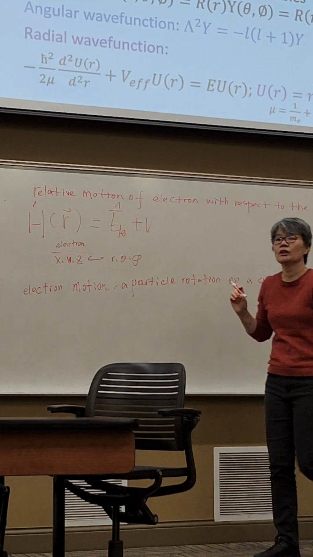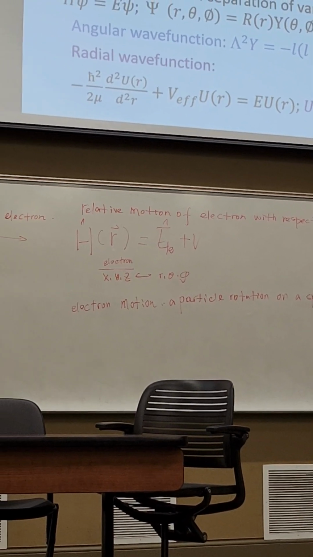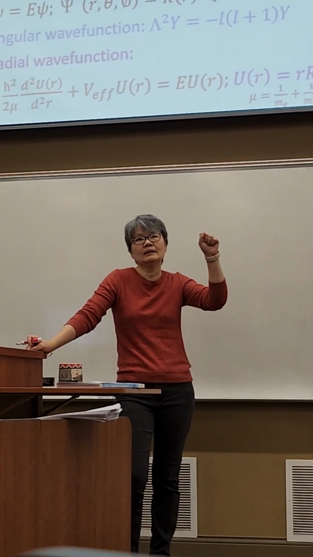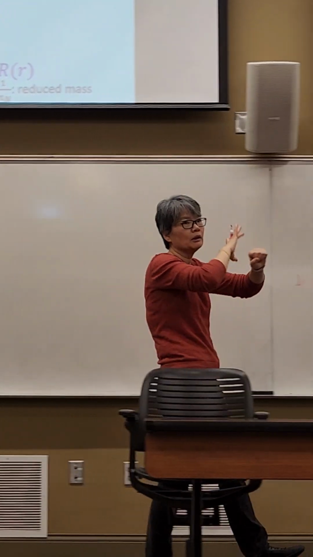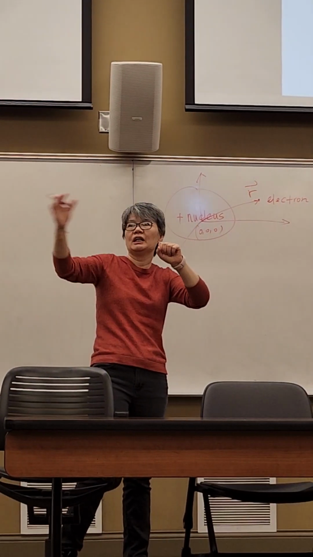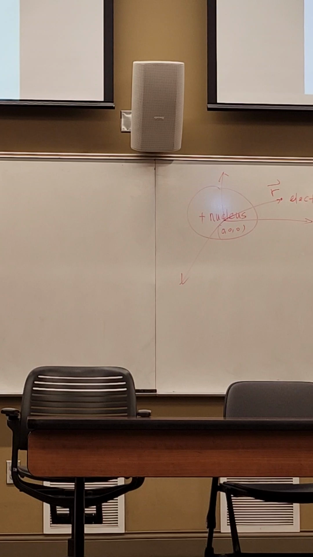So what we're going to do is vary the radius. Basically, we can think of the wave function for the electron motion in the hydrogen-like system as a free particle rotating on a sphere, and now we introduce the variation for the radius.